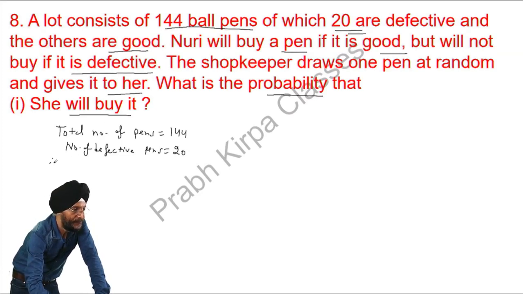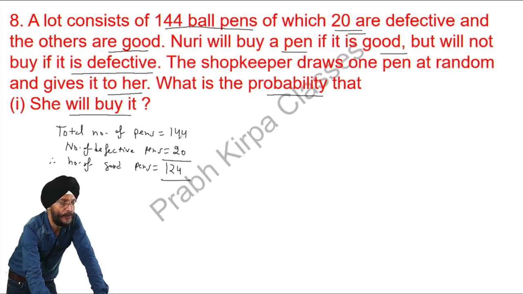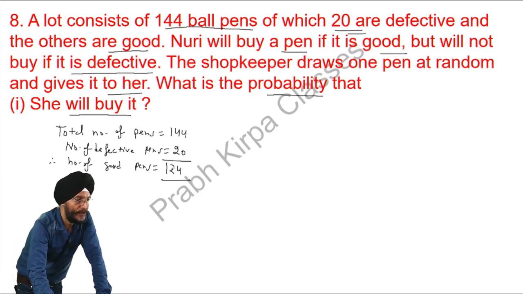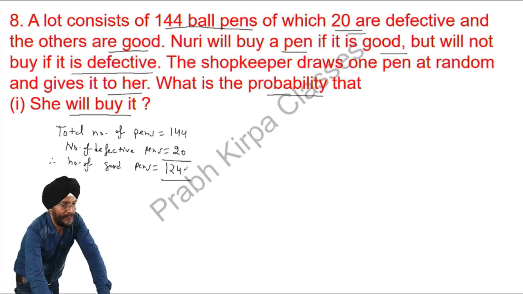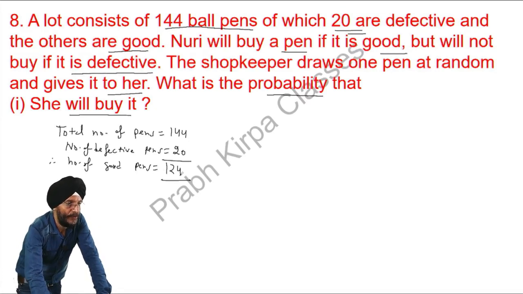So now the number of good pens are 124. If we deduct 20 from the total lot of 144, the good pens will arrive. So the number of good pens are 124.